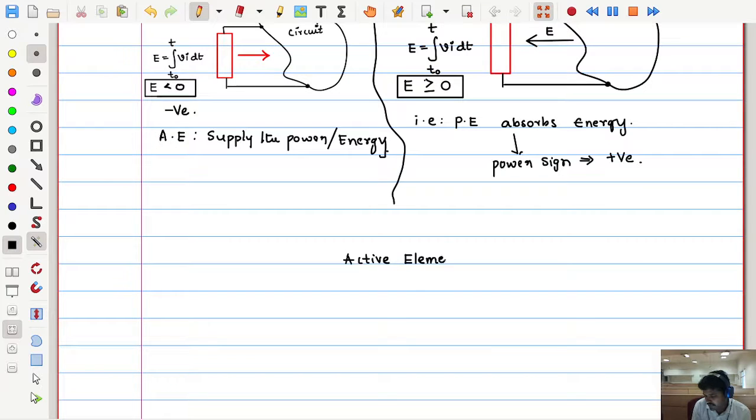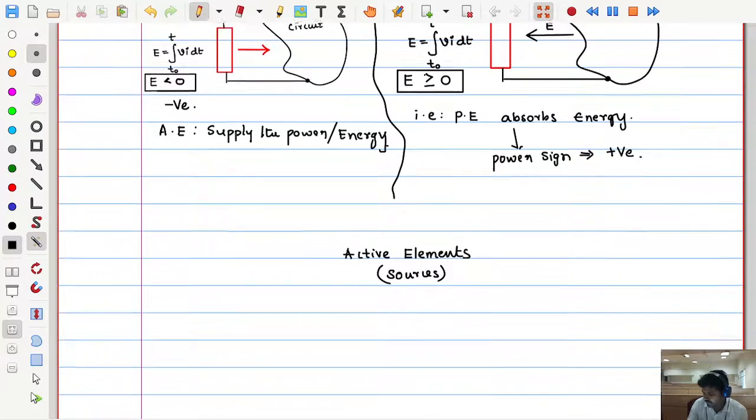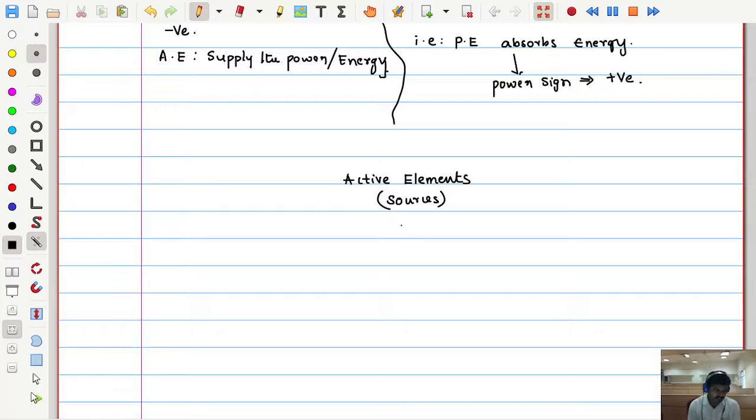Active elements means these are usually sources. And we classify the sources into two classes based on the quantity, whether this source is a voltage source or a current source.